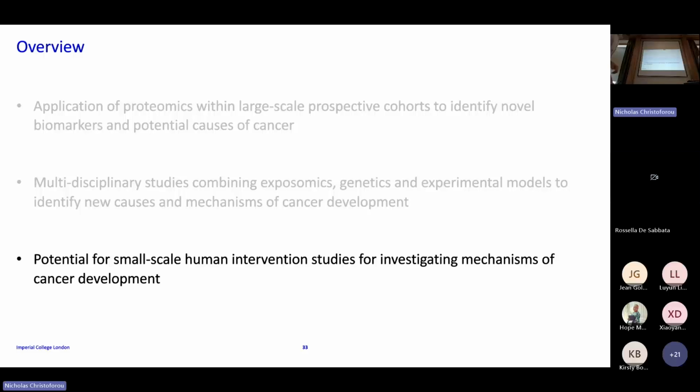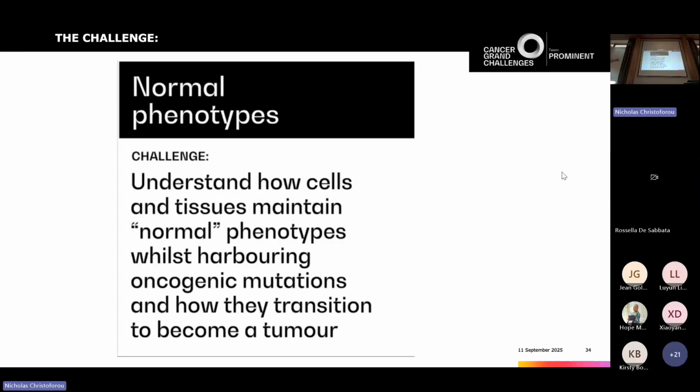So I'm part of one of the Cancer Grand Challenges, PROMINENT, which is trying to understand how cells and tissues maintain normal phenotypes while harboring oncogenic mutations and how they transition to becoming a tumor.